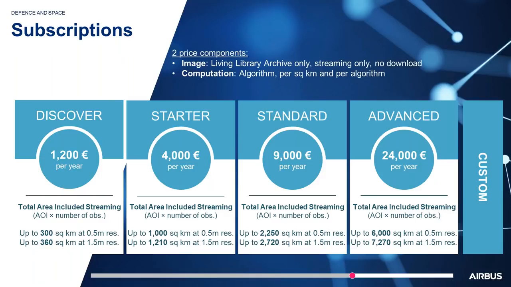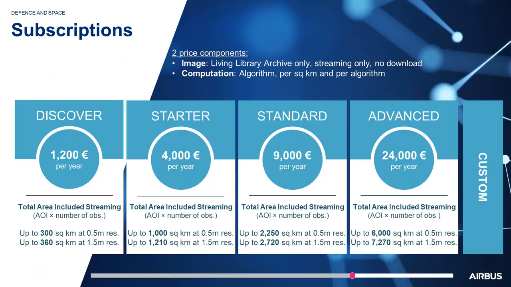For each package, you have a total area included in streaming. So here it's the AOI multiplied by the number of observations. And here, for example, for Discover, for 1,200 euro per year, you can stream and detect any changes or count cars on an area up to 300 square kilometers at 50 centimeter resolution, or up to 360 square kilometers at 1.5 meter resolution.